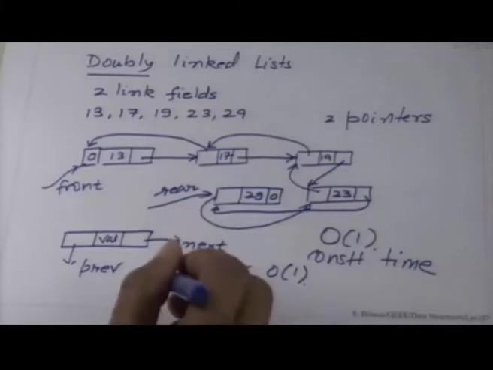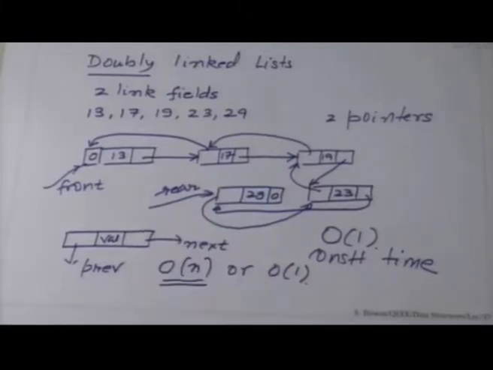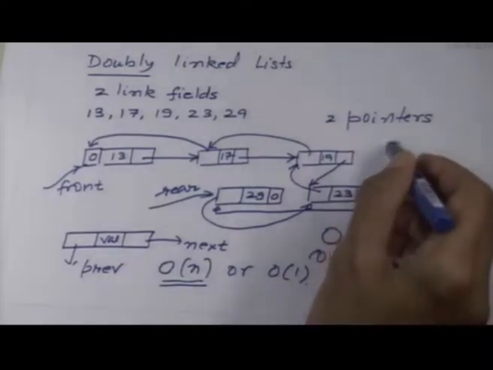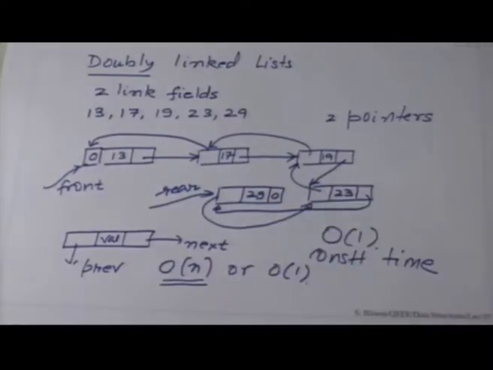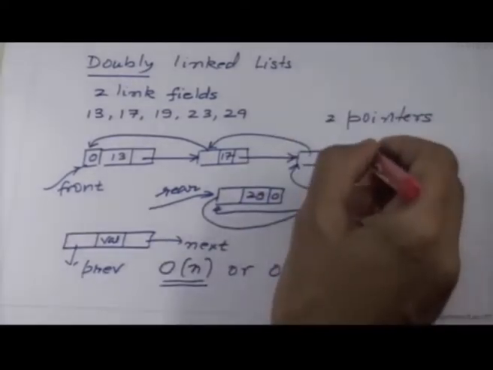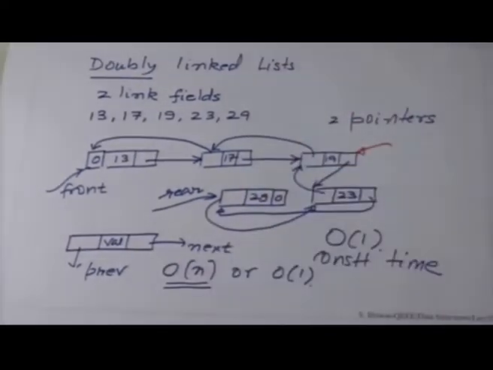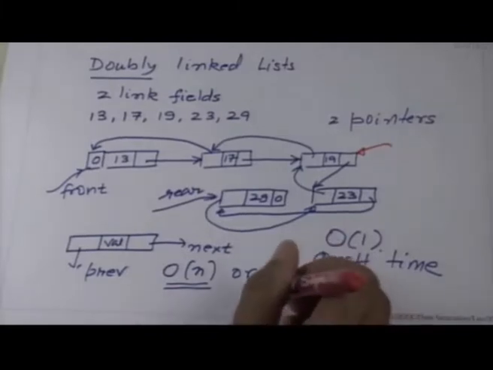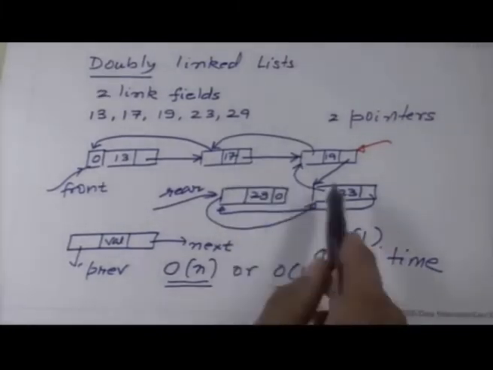However, finding may take order of n. But suppose I give you this pointer and say, please delete the node which is at 19. This can be done in O of 1 because I know both its predecessor and successor.